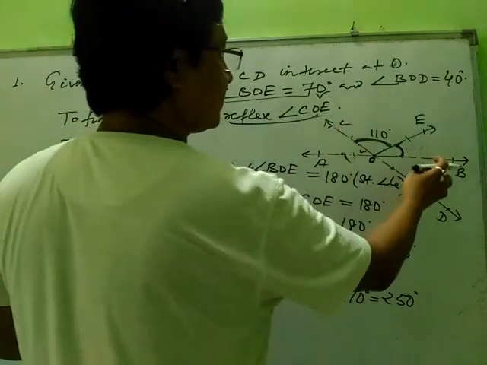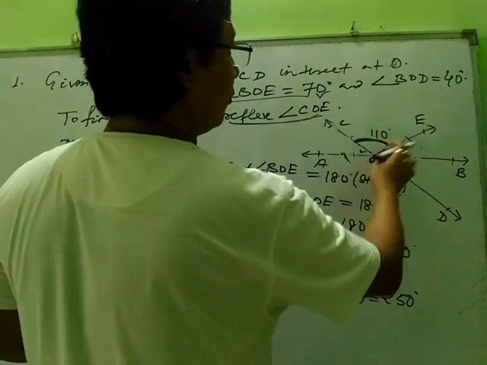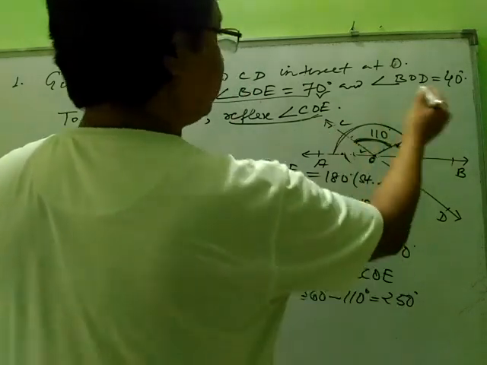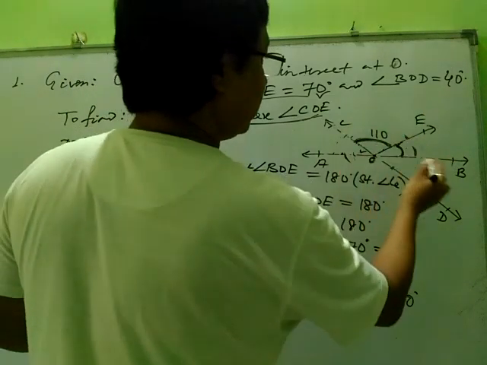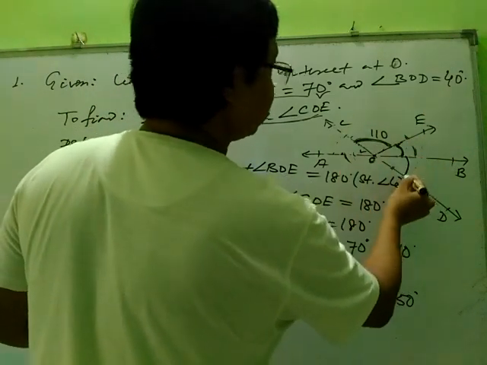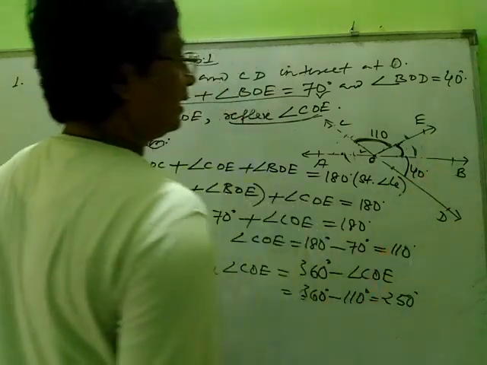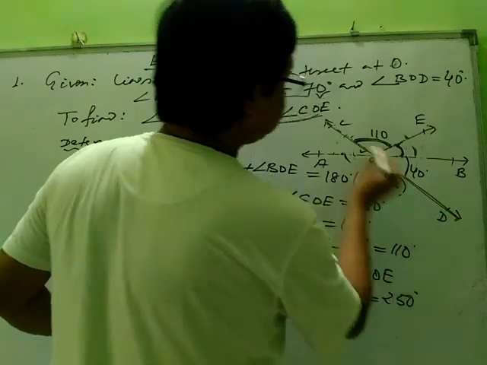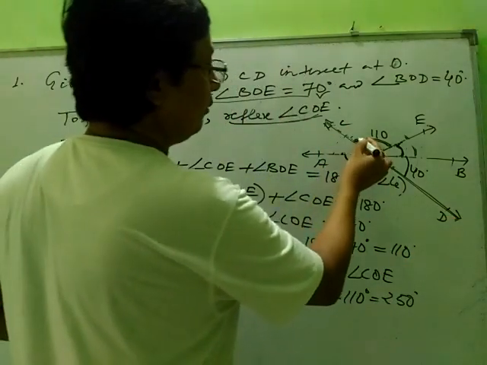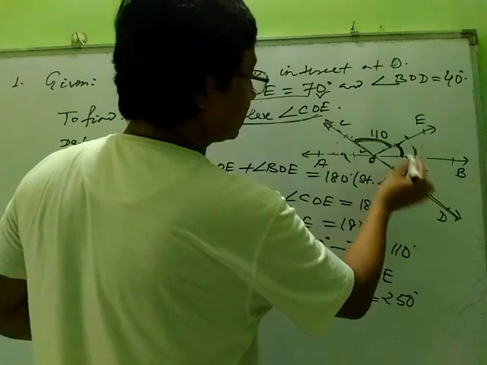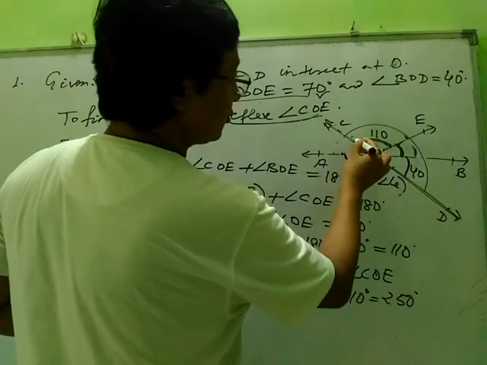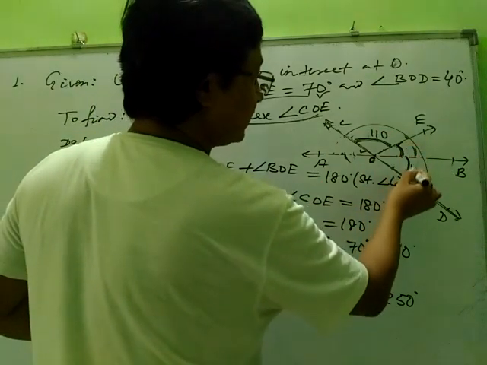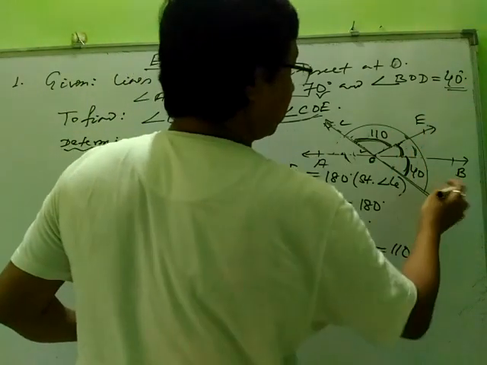AOC plus BOE plus COE, you will get 180 degrees from here. Here they have given BOD, so BOD is given, and this one is 40 degrees. Now here you got 110. This is the straight line, and these are the three angles, so you will get 180 degrees. You have to find BOE, and this one is given as 40 degrees, BOD.